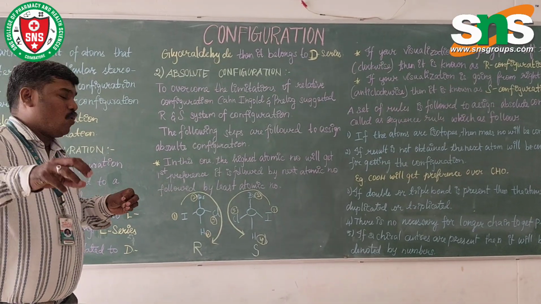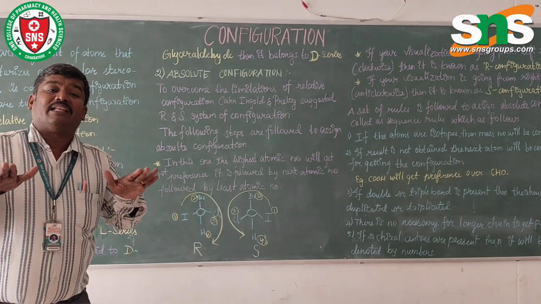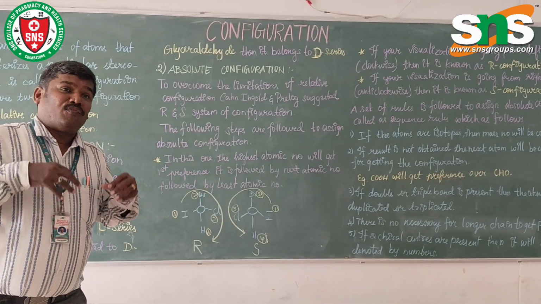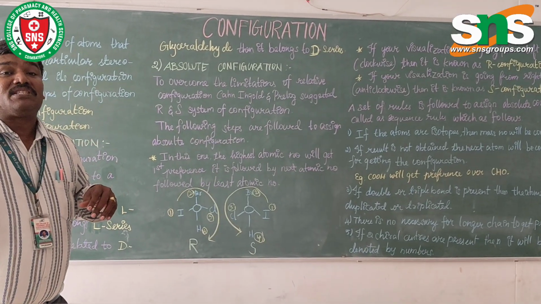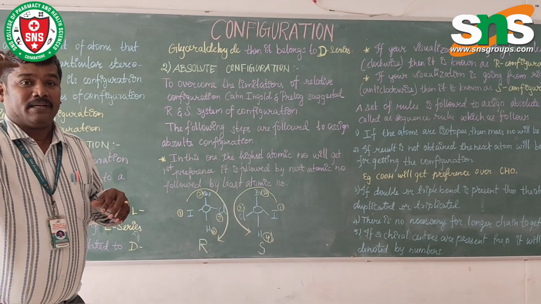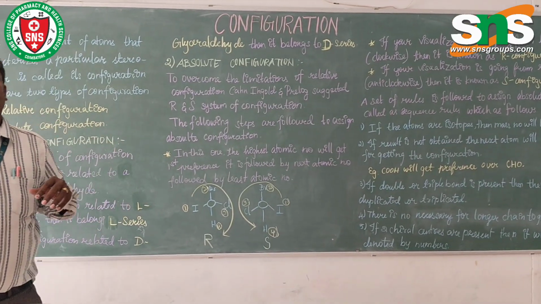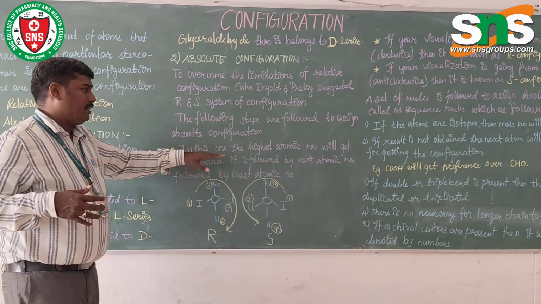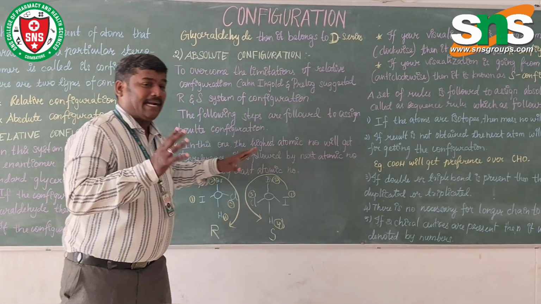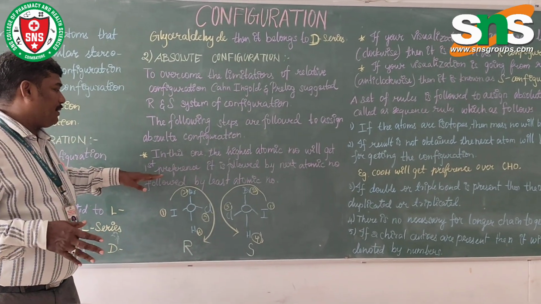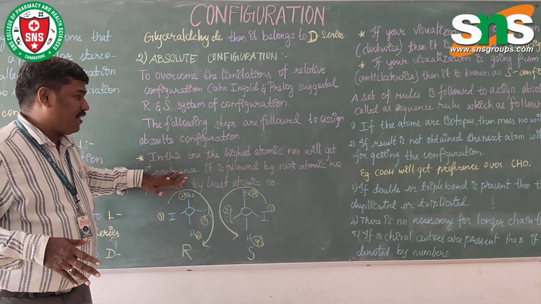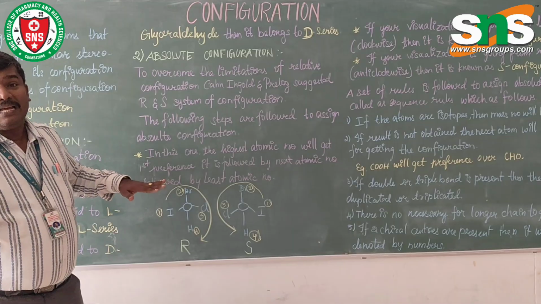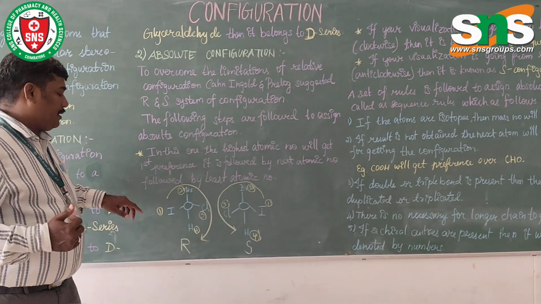The atom with the highest atomic number gets the first preference, followed by the next atomic number, then the next.